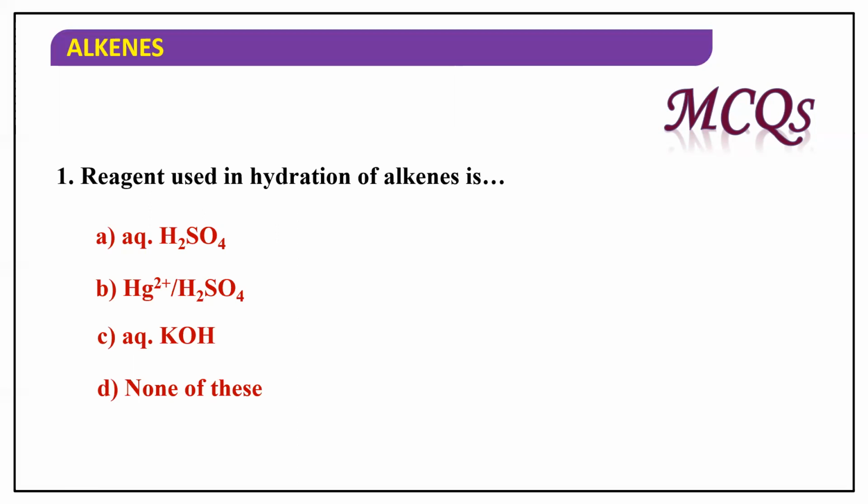Hydration means addition of water. Now, which of these reagents is used for the addition of water? We just saw it. It is aqueous H2SO4, water in the presence of sulfuric acid, or sulfuric acid dissolved in water. That will carry out hydration of an alkene to give us what as a product? Yes, alcohols as the product.